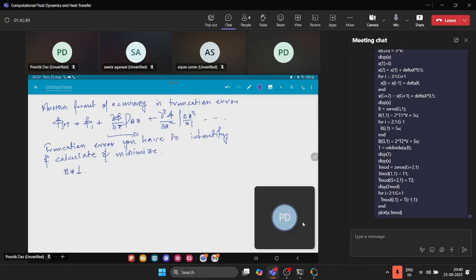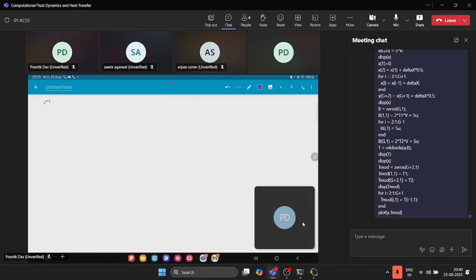So there is another thing which is called transportiveness. So what do you mean by transportiveness? For example, there is a thing like AP phi P equals AE phi E plus AW phi W. Okay.